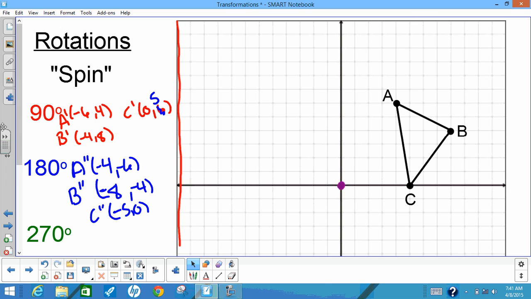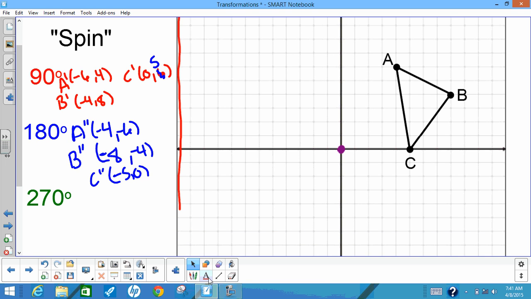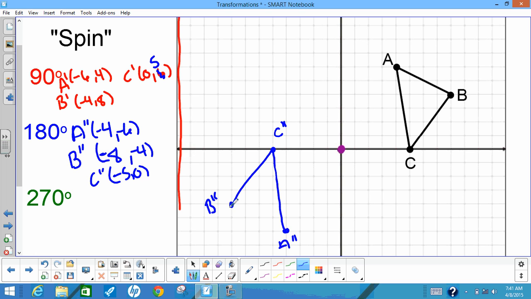And we can graph these new points. And there we have a triangle rotated 180 degrees.